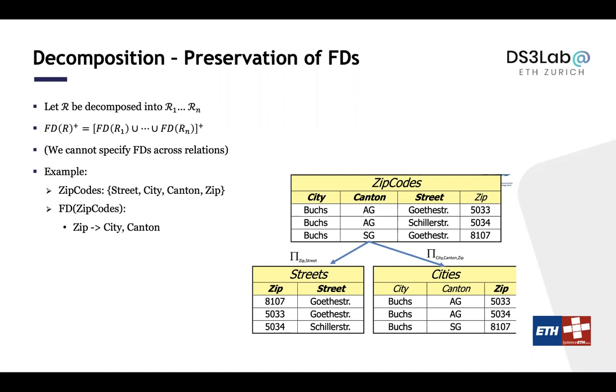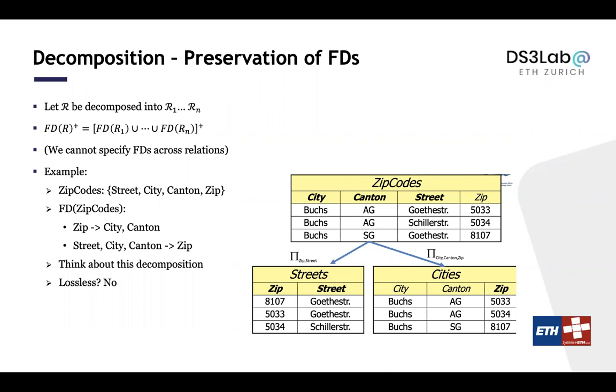If you look at the original relation, there's a functional dependency from zip code to city and content. And you have another functional dependency from street, city, content to zip code. And then after the decomposition.